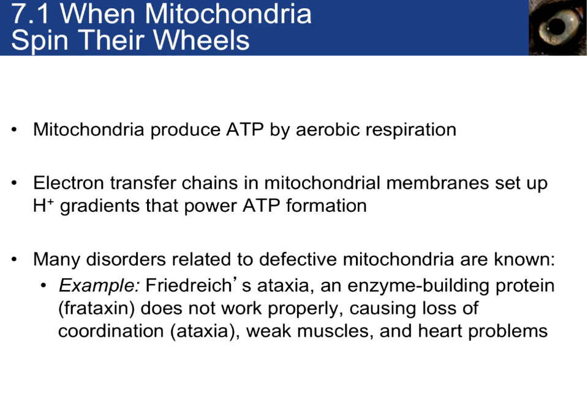So this causes loss of coordination, ataxia, weak muscles, and also heart problems. So it's very, very important that the mitochondria are fully functional. They're one of the most important organelles in the cell.